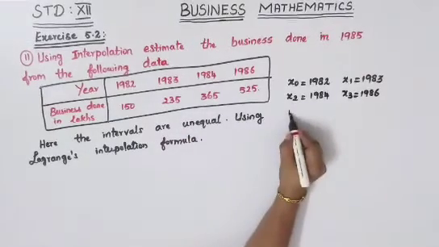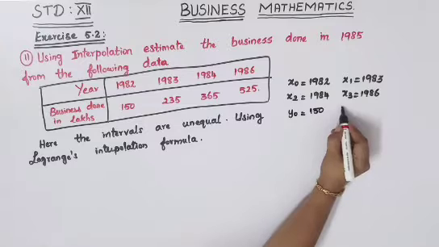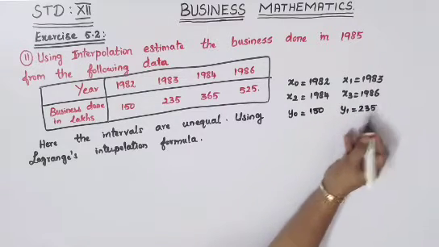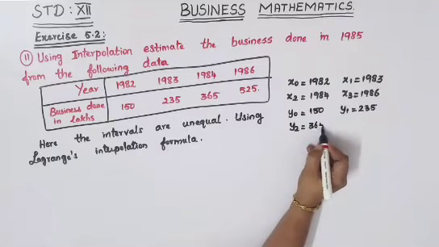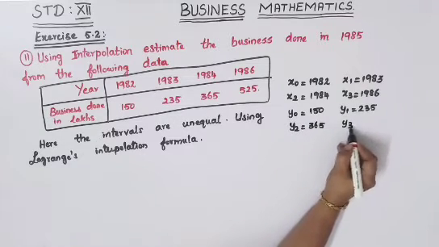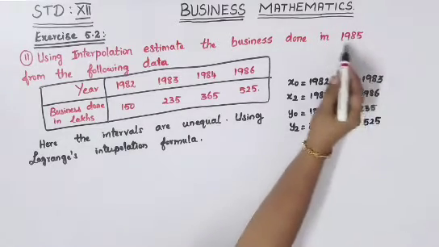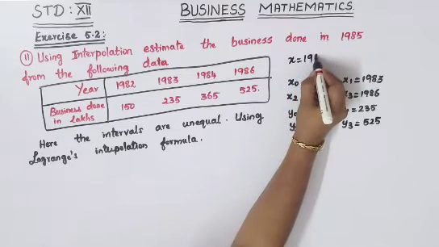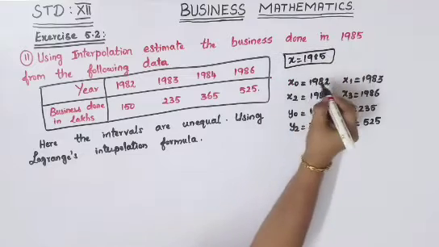In the same way, y0 is 150, y1 is 235, y2 is 365, y3 is 525. And they have asked you for 1985, so we'll write x is equal to 1985. That is what we have to find.